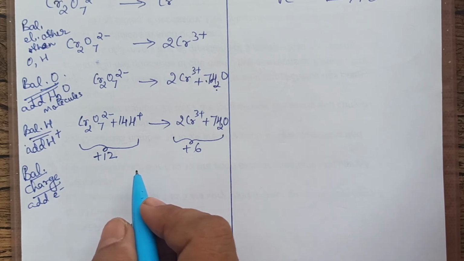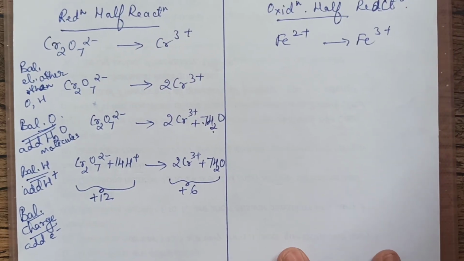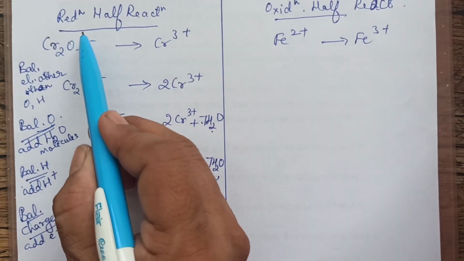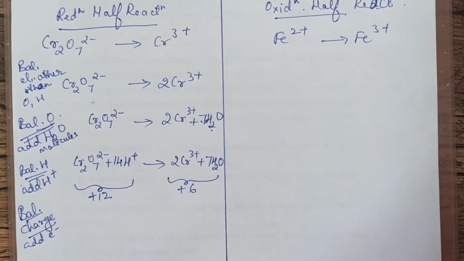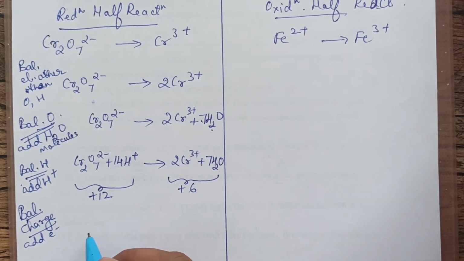Which side do we have to add electrons? We know that the left hand side we have taken as reduction half, and reduction is gain of electrons. So we will add electrons. How many electrons? Equal to the difference. So we will add 6 electrons to the left hand side.